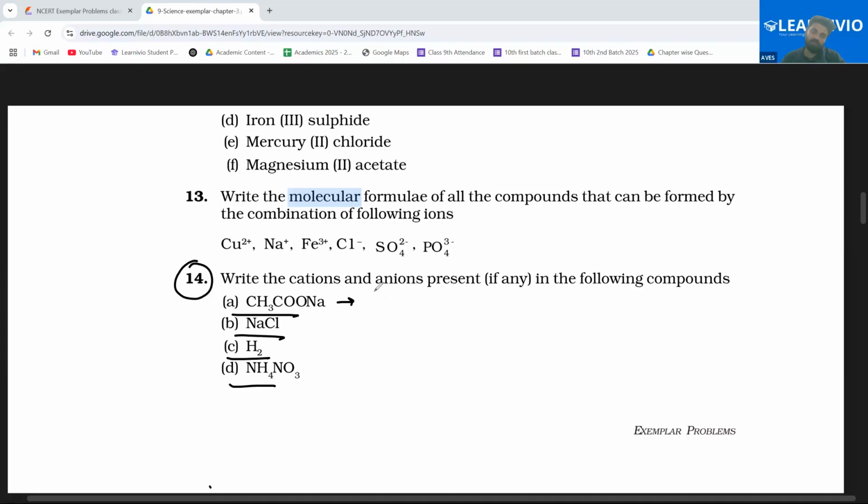What is the name of this compound, CH3COONa? It is sodium acetate. This one is sodium chloride. This is H2, hydrogen gas.